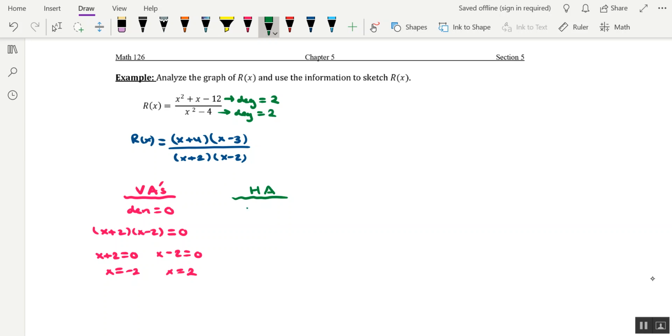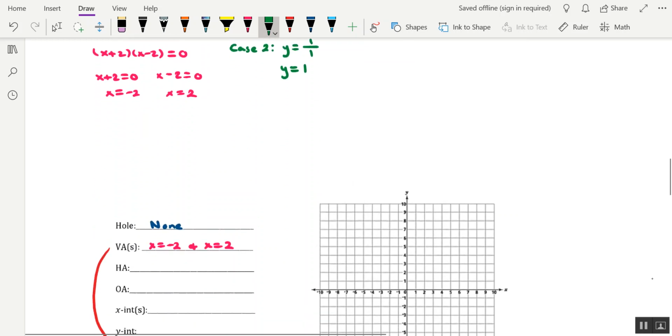So this is a situation where n equals m, and that would land us in case 2, where we have to form the ratio of leading coefficients. Now the leading coefficient of the top polynomial is 1, and the leading coefficient of the bottom polynomial is 1. So that ratio is going to look like 1 over 1, and of course that simplifies to just a single solid 1. So our horizontal asymptote will have the equation y equals 1.